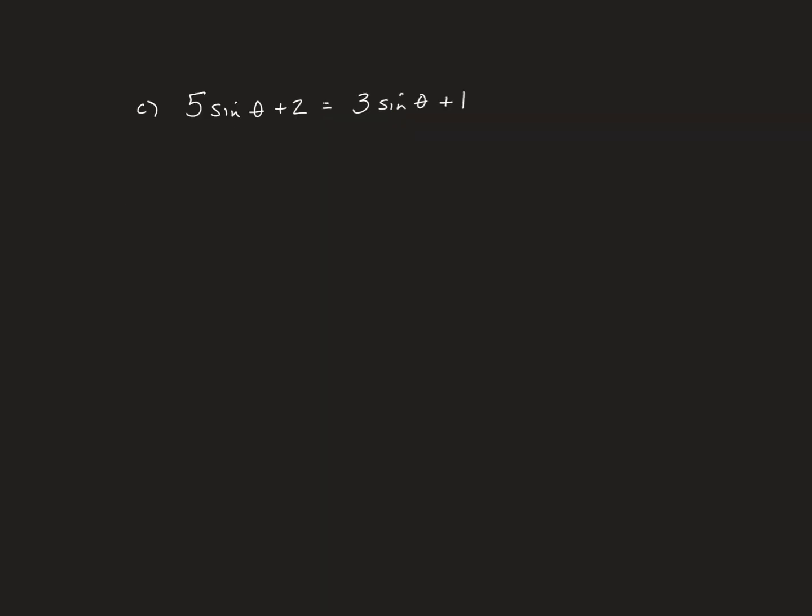When you take a look at the equation given in C, you'll notice what I was talking about, where our trig ratio is not isolated. When you take a peek, you'll notice that we have a sine theta and a sine theta. My guess would be most people would be able to work through this problem, even with no guidance from me. Hopefully we can see that what we're going to do is isolate our trig ratio.